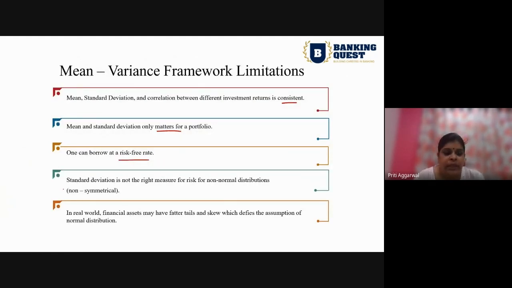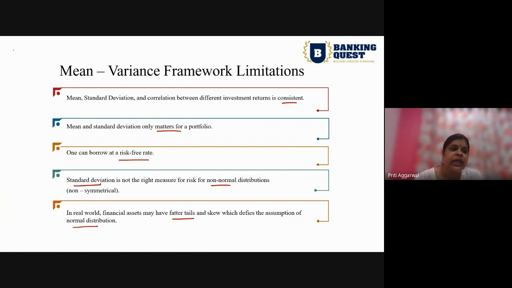Standard deviation is not the right measure of risk for a non-normal distribution, right? So for something which is non-symmetrical, definitely your standard deviation will not work well, or it will not give you the right picture if you go in for a non-normal distribution. In the real world, financial assets may have fatter tails and skew, which defies the assumption of normal distribution.